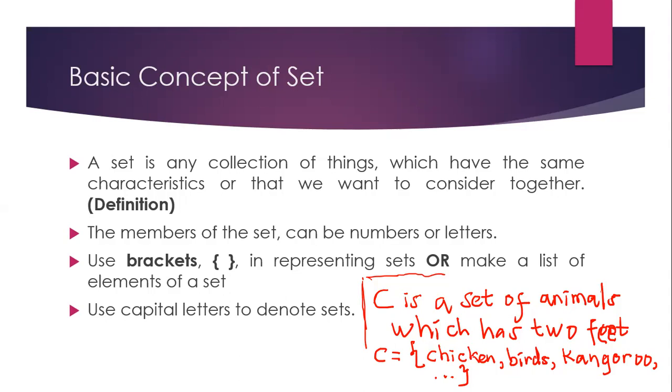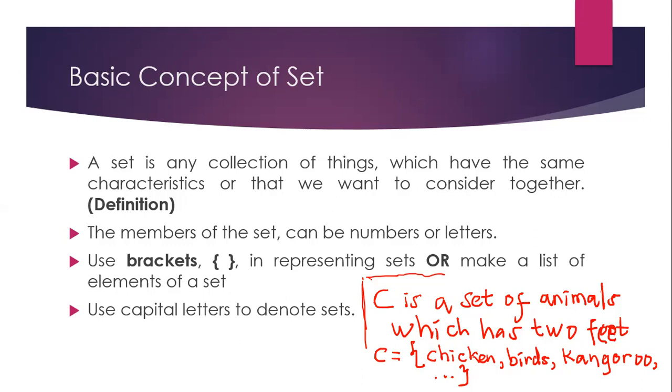Oke, ini beberapa aturan, beberapa konsep dasar ya. Use brackets in representing sets, or make a list of elements of a set, atau buat pencacahan dari himpunan. Kemudian use capital letters to denote sets.